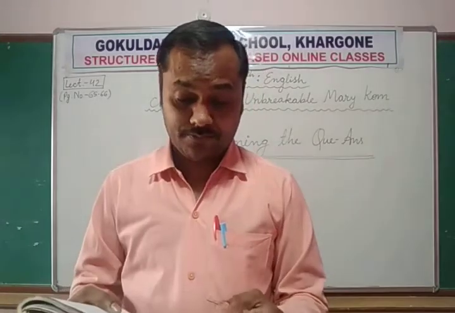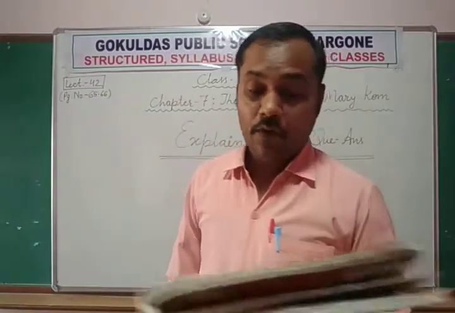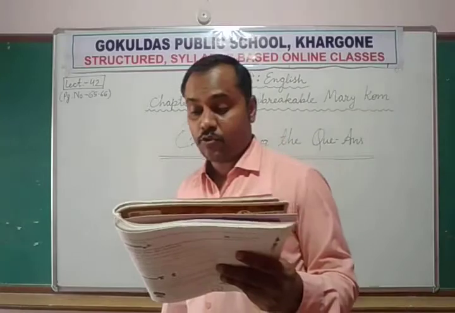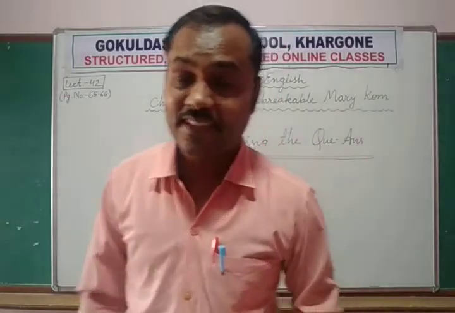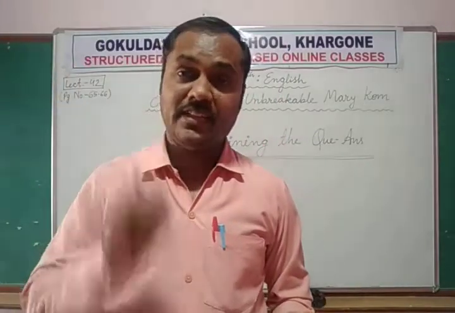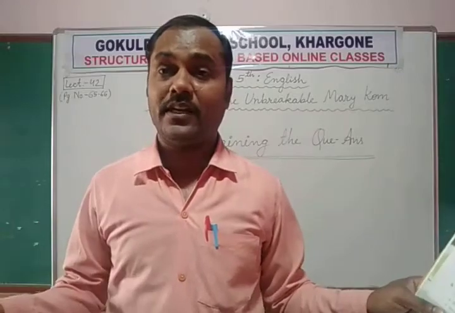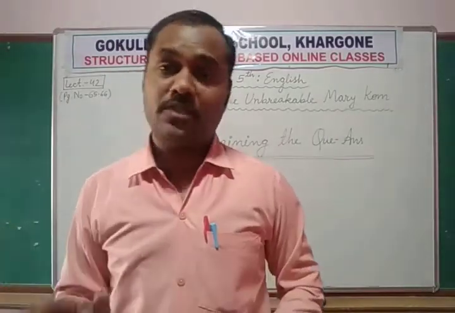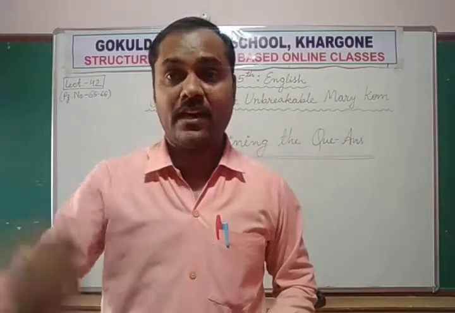Next question. How would the boys react when Marry Kom tried to play with them? Yes, that we had read in the chapter, that many times she wanted to play with the boys in the playground because there were no girls playing in the ground.